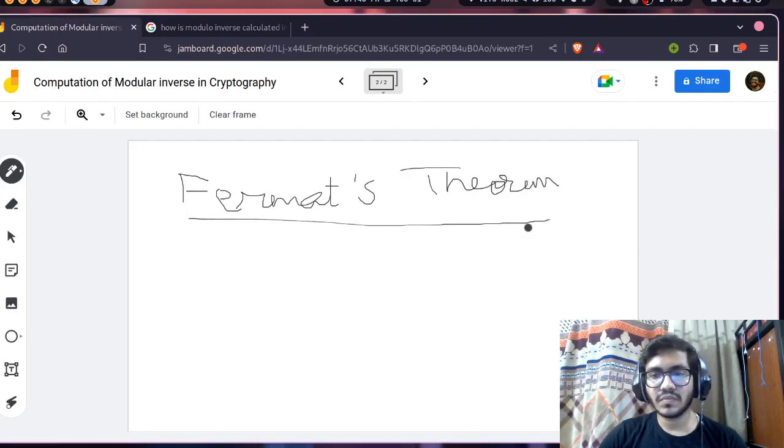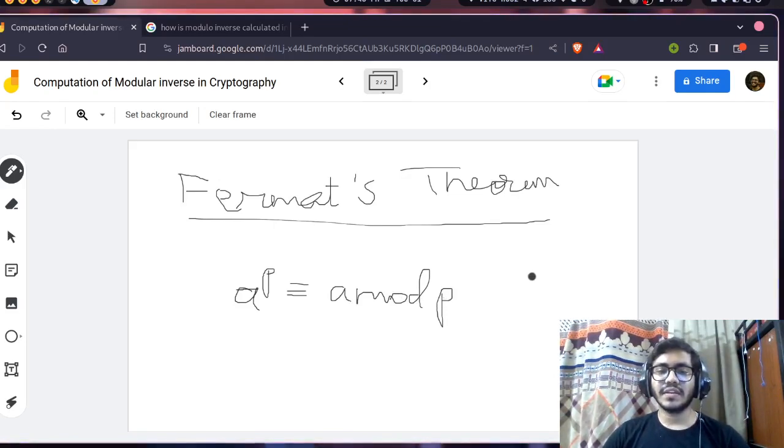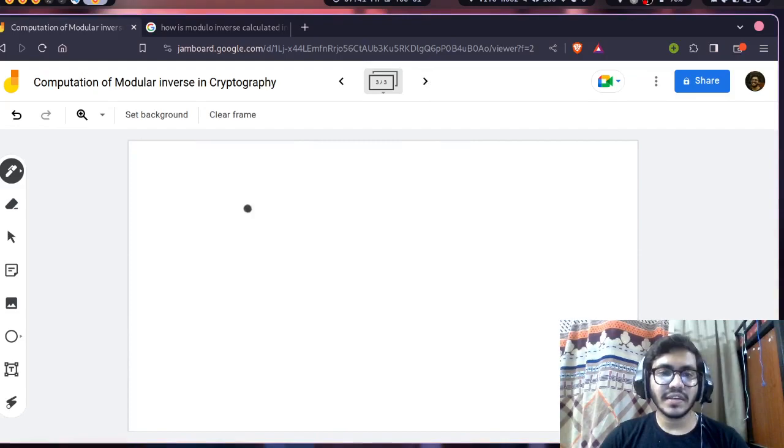So what Fermat's theorem suggests is, given a prime number p, this holds. Right, a raised to the power p, and if you take the mod of it under p itself, you get a. Now, it can be seen that this can be very easily extended as a raised to the power p, a mod p.